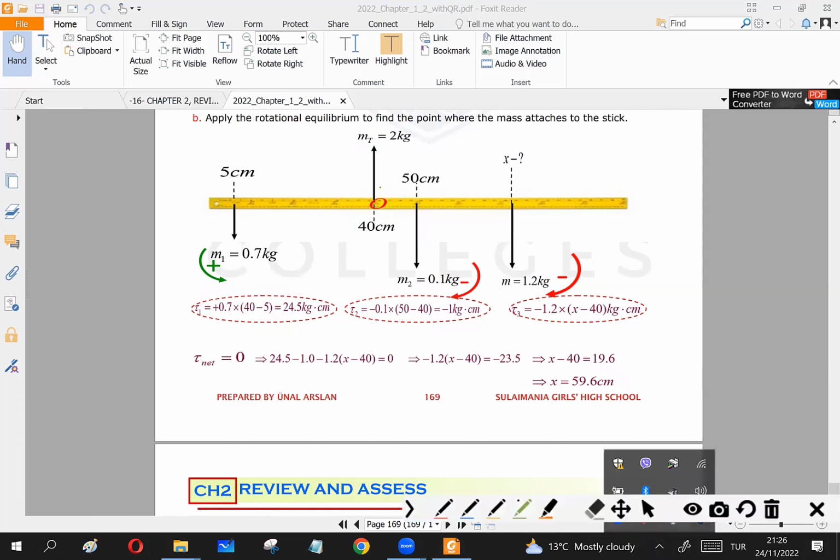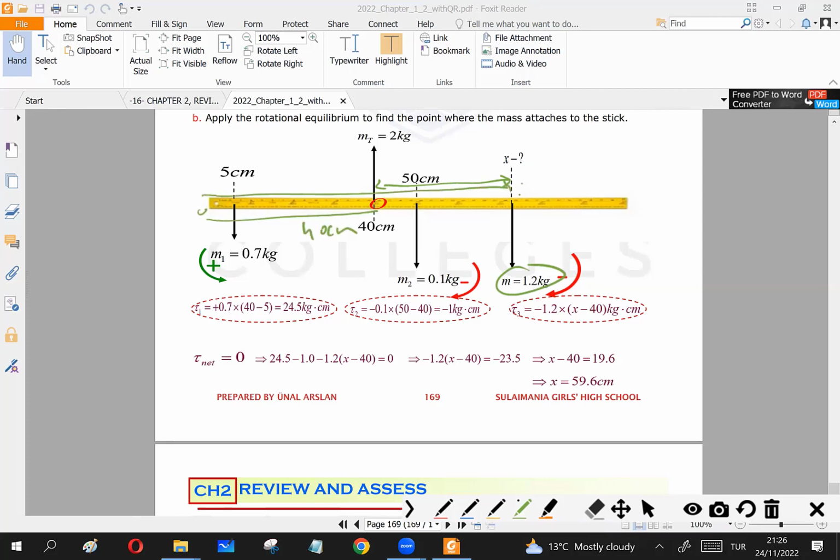Let me show this. This is the distance for 1.2 kilogram. I know from here to there, it is 40 centimeters. From here to there, it is x. But if I subtract this 40 from x, I will calculate the distance for the 1.2 kilogram force. That's why I will write here x minus 40. Then I will find x.